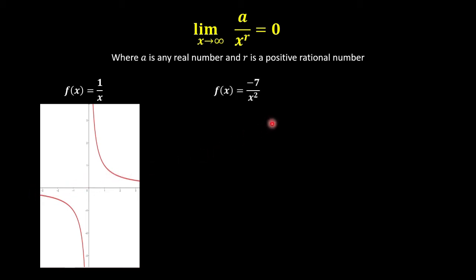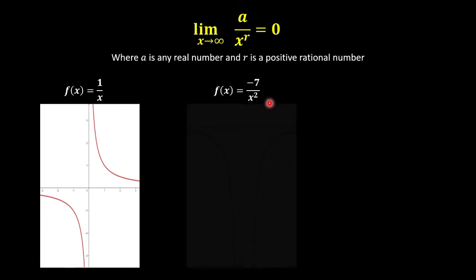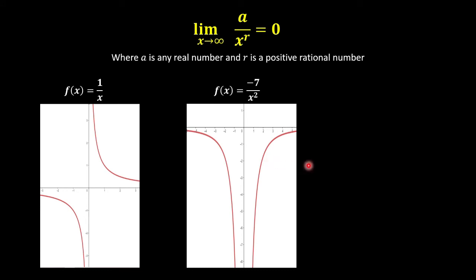Another example, let's say we have f of x is equal to negative 7 over x squared. In reference to this graph, as the value of x increases without bound, the y value gets closer to 0. Same here on this side, as x decreases without bound, the y value approaches 0.